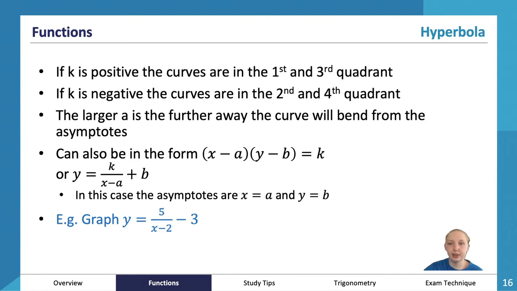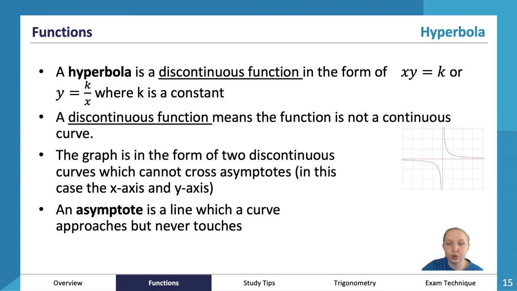So looking at some more specifics of our hyperbolas, if your k is positive, then your curve is going to exist in the first and the third quadrant. So I'll show you guys this example graph here again. Remembering, whenever you do maths, your quadrants are labeled 1, 2, 3, and 4. Okay, starts in the top right, goes anti-clockwise.